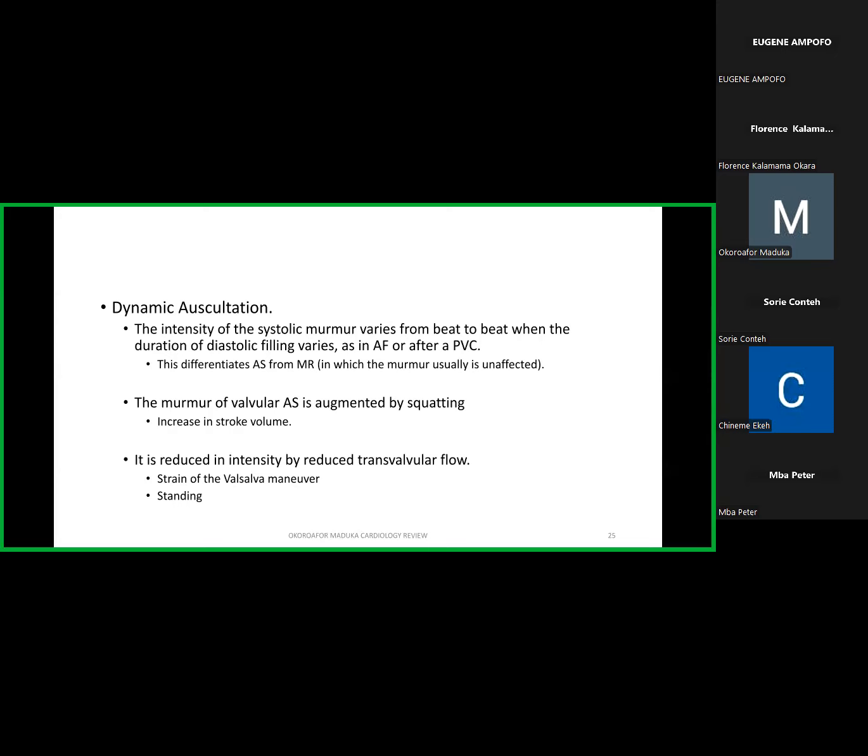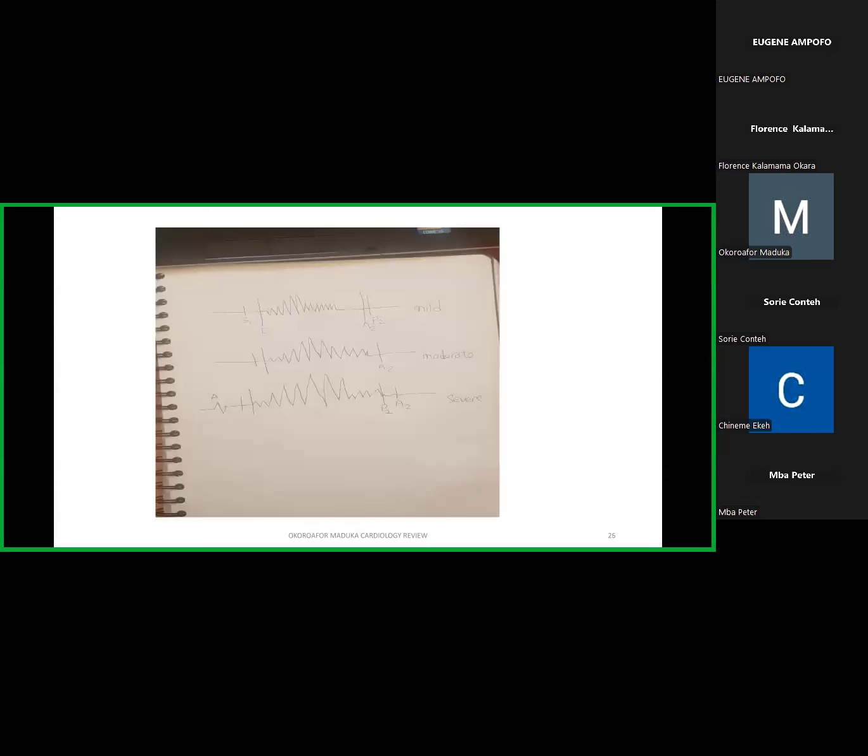It is reduced in intensity by reduced transvalvular flow, which comes from standing or the strain phase of the Valsalva maneuver.